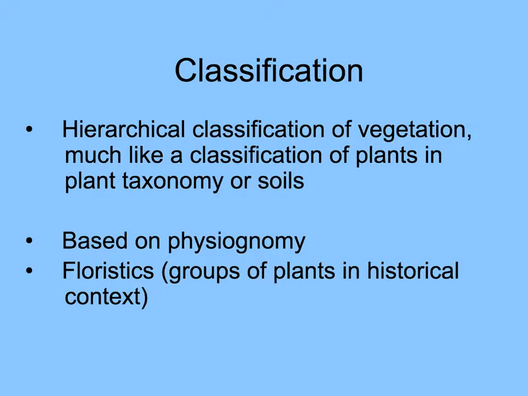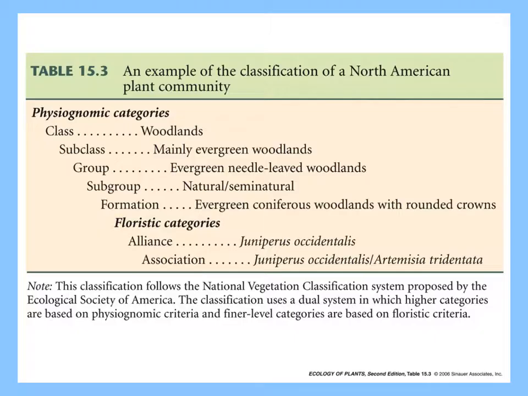Plant communities are classified based on how the vegetation looks, its physiognomy, and also which groups of plants are associated. That's probably the more common way.